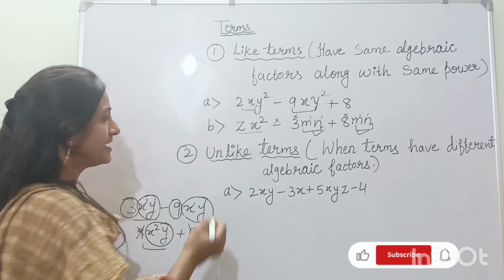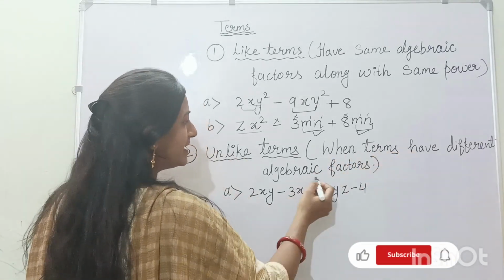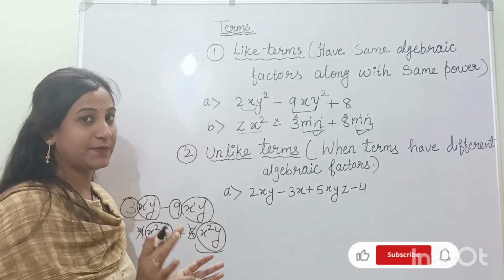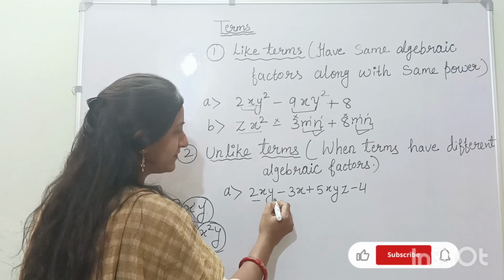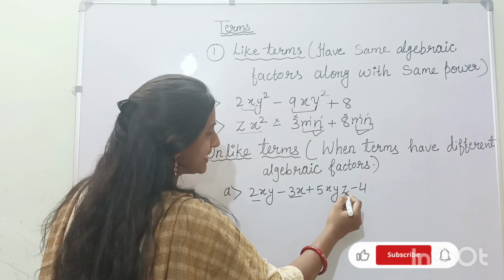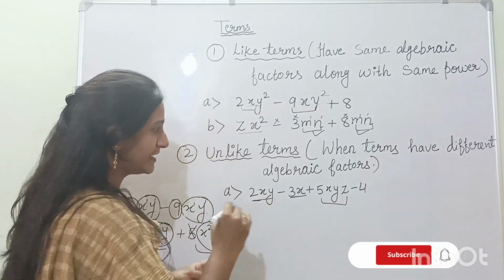Next is unlike terms. When terms have different algebraic factors, that means there is no similarity between the algebraic factors. The first term is 2xy, the next one is 3x, another is 5xyz. These algebraic factors are different. Is there any similarity?